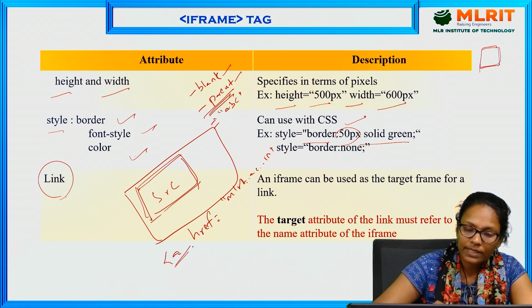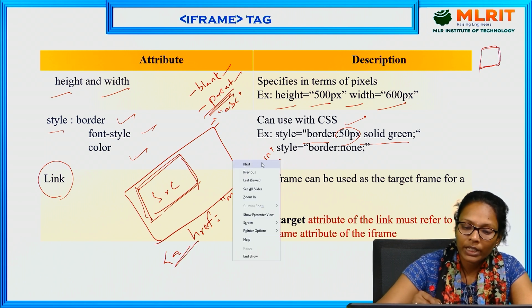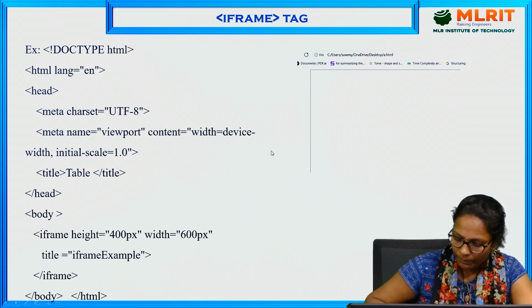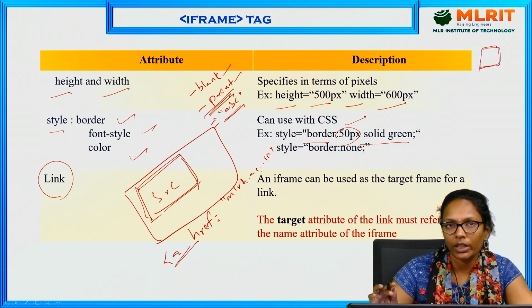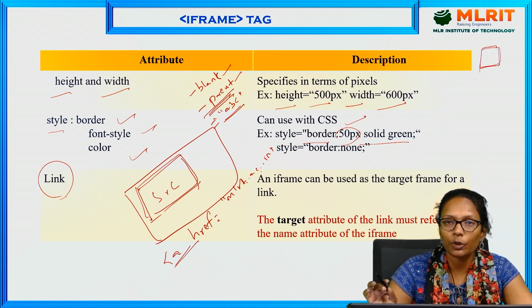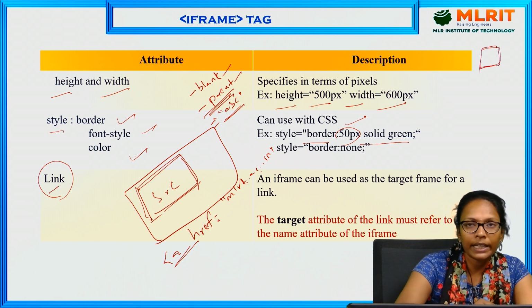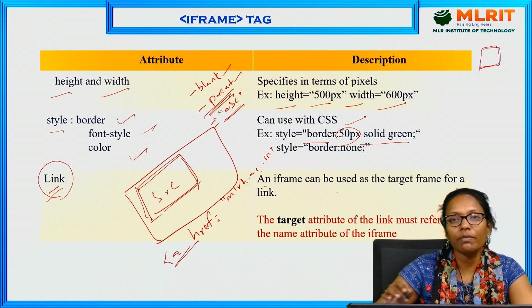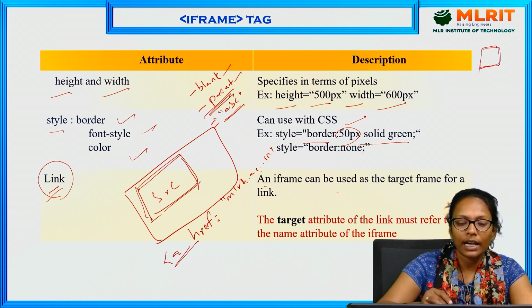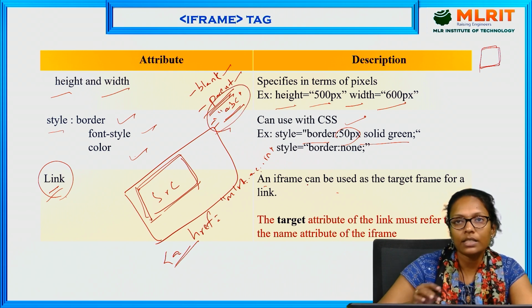Whenever you click on this hyperlink, MLRIT.ac.in will be opened, but where? It will open in the ABC frame. Wherever the ABC frame is, you need to provide that here in the link. So this link attribute is used as the target frame for a link. For any link, I can give the target as this frame name.